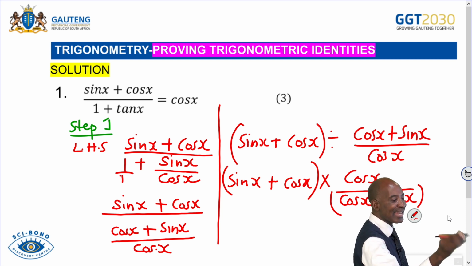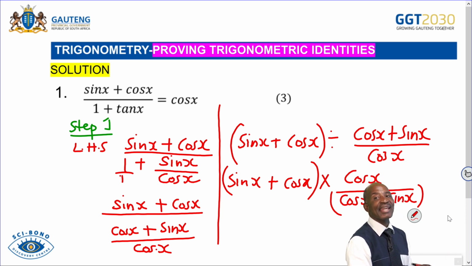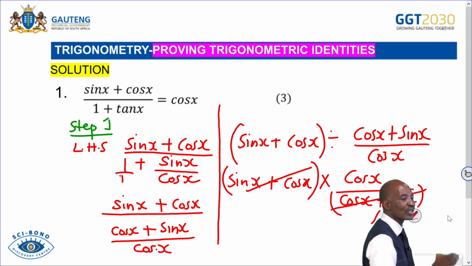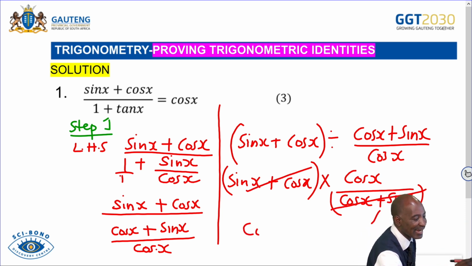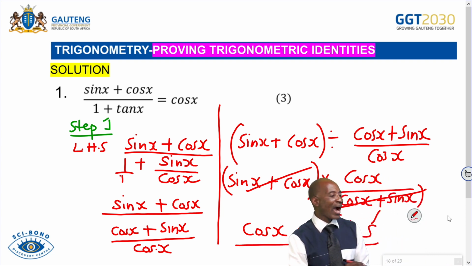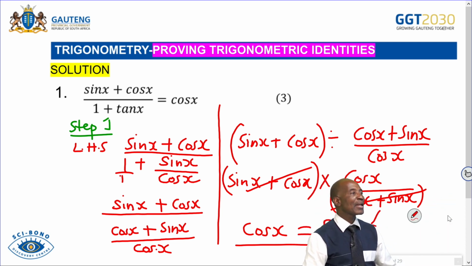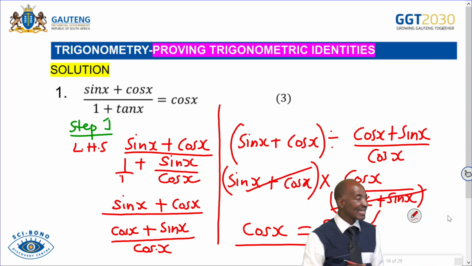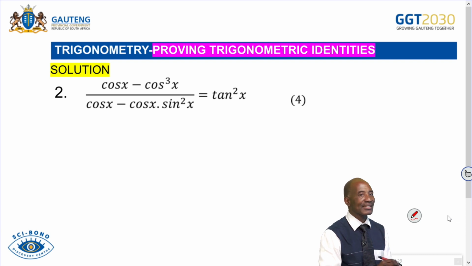Cos x plus sine x is the same as sine x plus cos x. They divide and go. What's left is cos x, which equals the right-hand side. Proven. Our left-hand side has simplified to cos x, which is the same as the right-hand side.